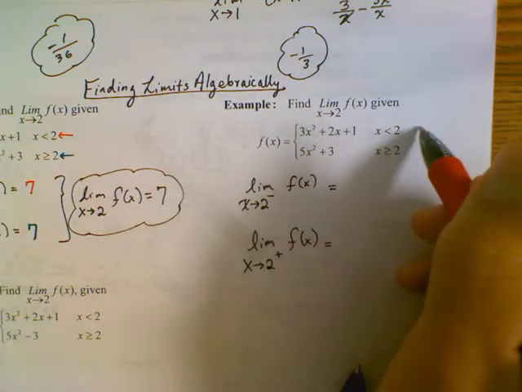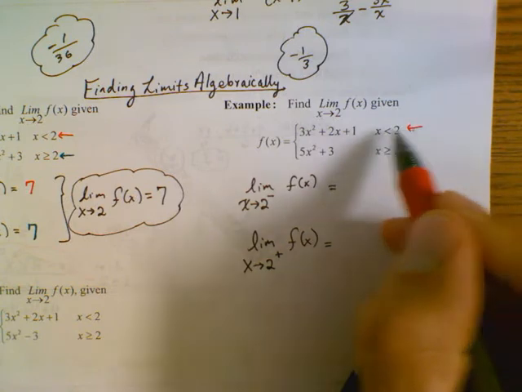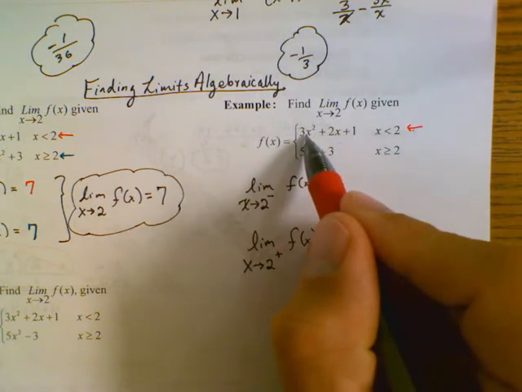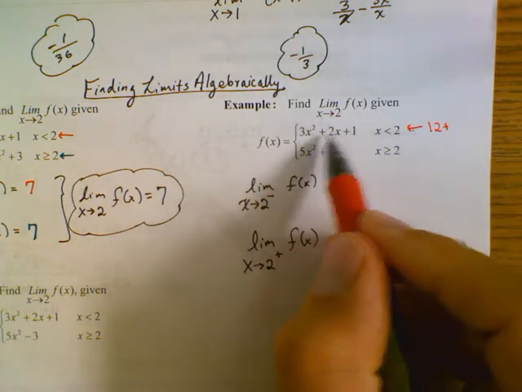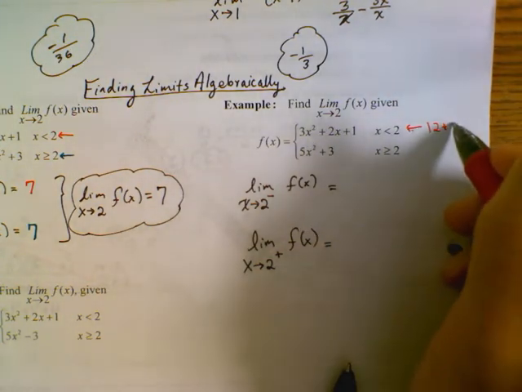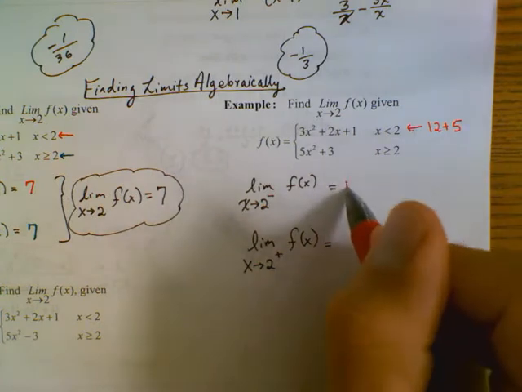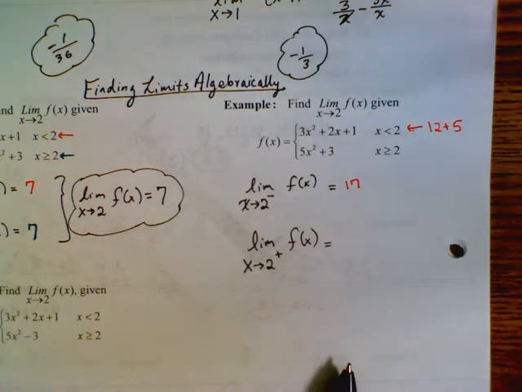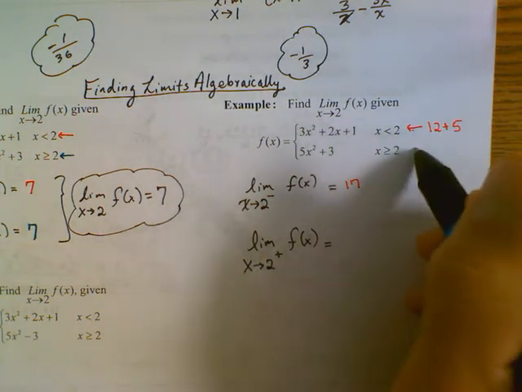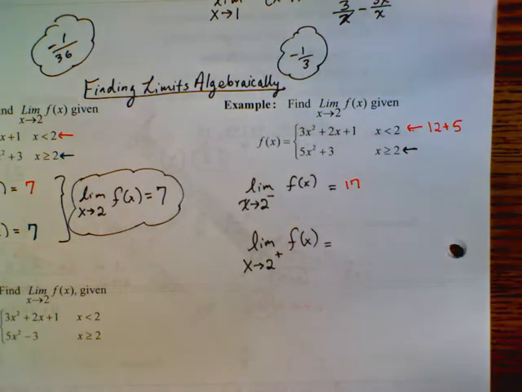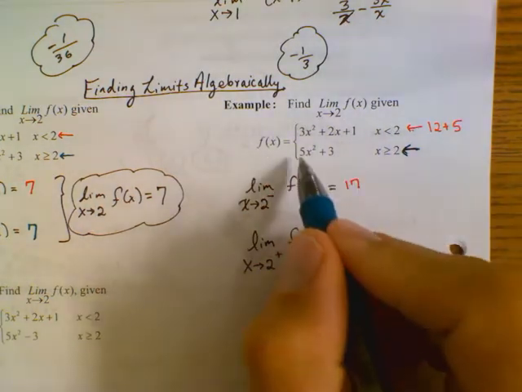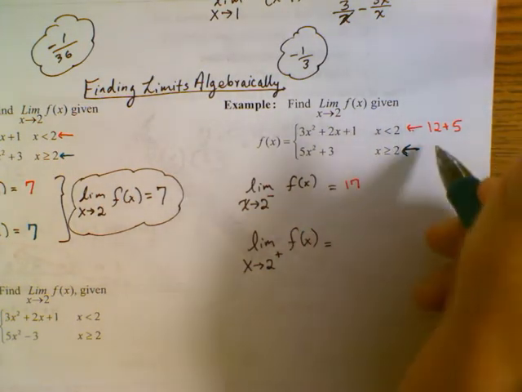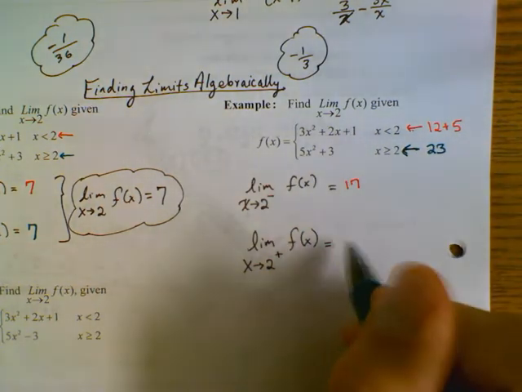From the left, we'll substitute in 2. 3 times 4, 2 times 2 plus 1, so I'm getting 17. On the next one, I'm substituting in 2. So when I substitute in 2, I get 5 times 4 is 20. 23 is my final answer there.